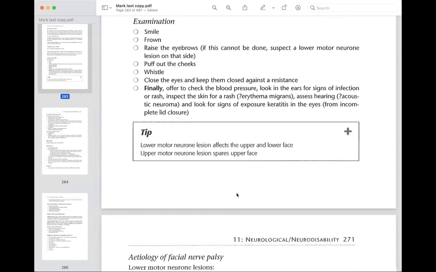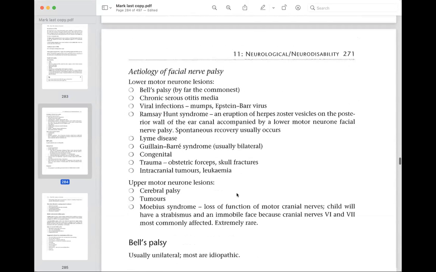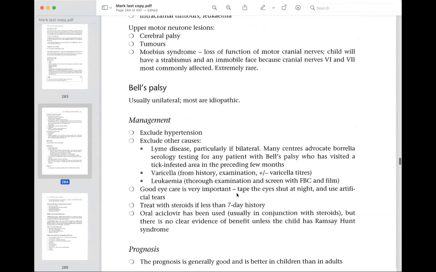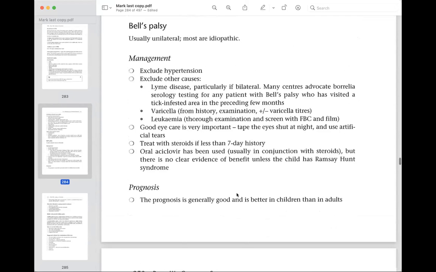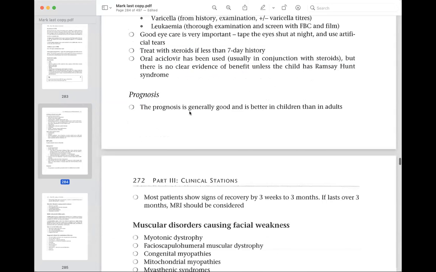I'm not sure. Or we can do it tomorrow, no problem. Yes, better tomorrow. It's a large topic. No, this is just the facial nerve. Just finish the facial nerve and we will stop.